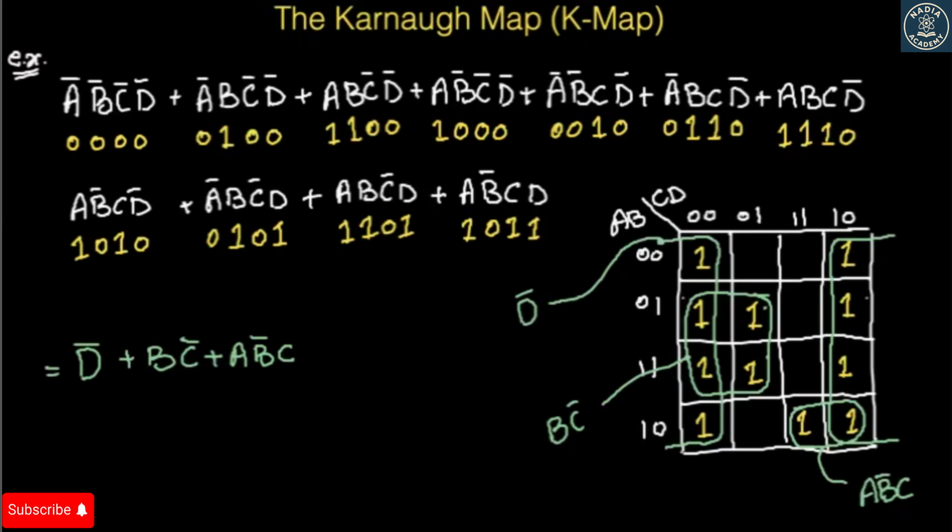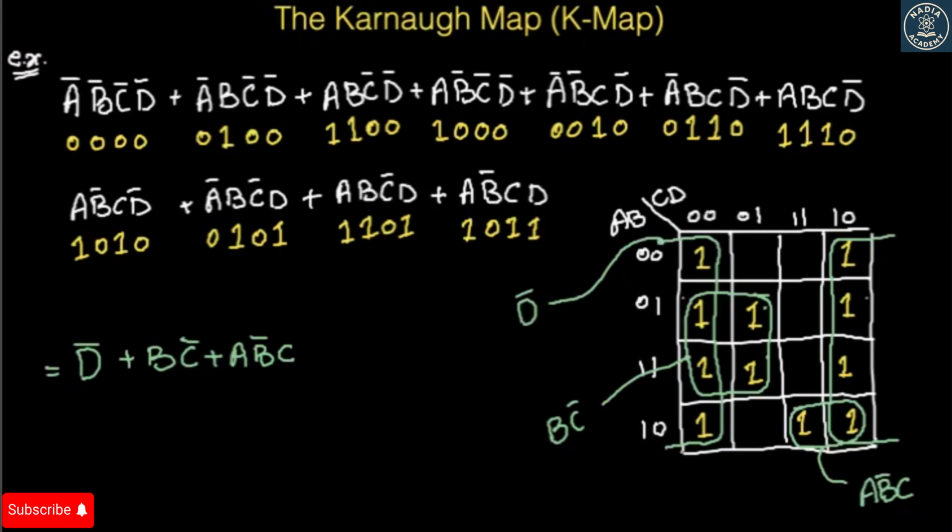So this is our simplified solution of this SOP Boolean expression using K-map. I hope it will help you to understand how we can prepare the K-maps and then group the elements, grouping the cells with ones.